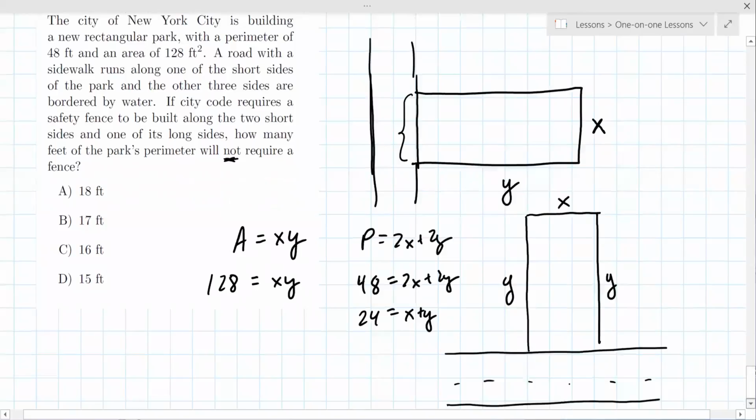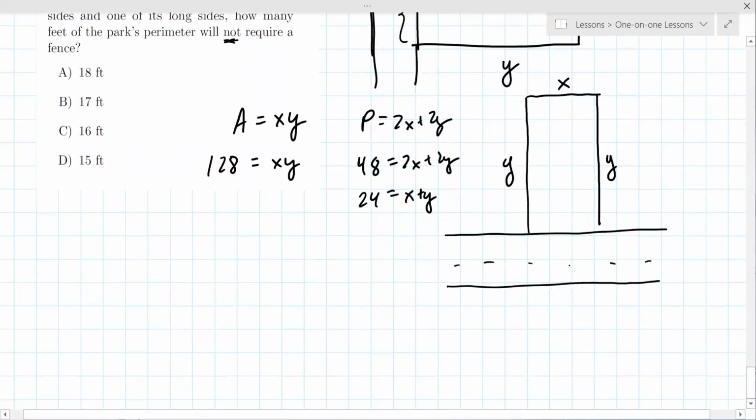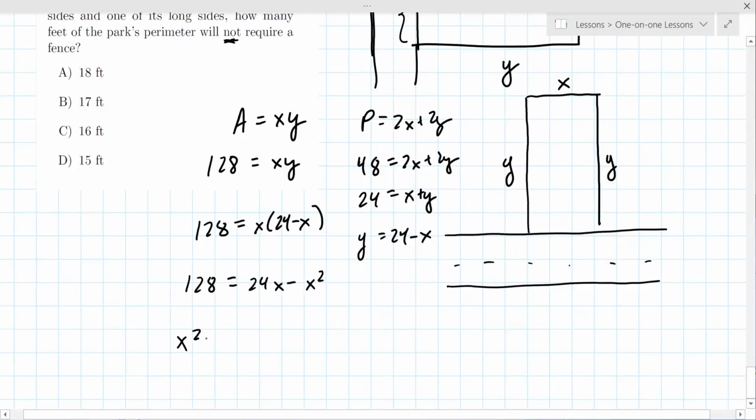So you set it up the exact same way? Yep, the exact same way. So you end up getting y equals 24 minus x, 128 equals x times 24 minus x. You end up getting 128 equals 24x minus x squared, so x squared minus 24x plus 128 equals 0.